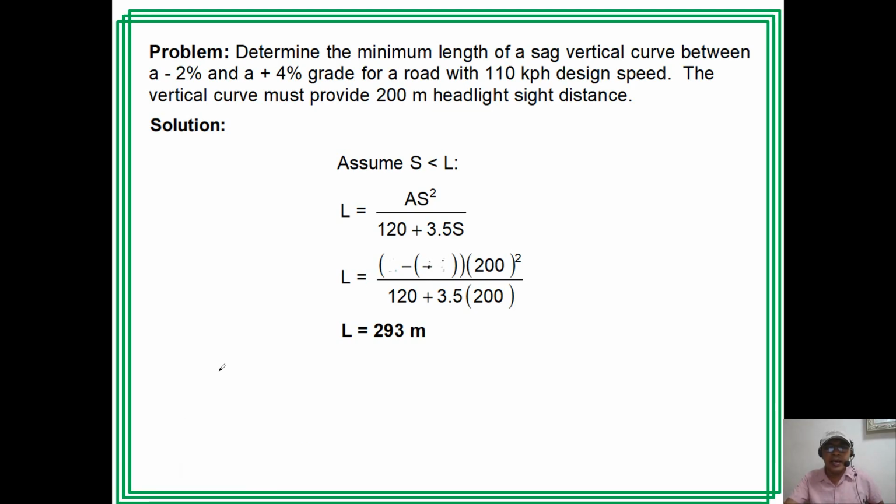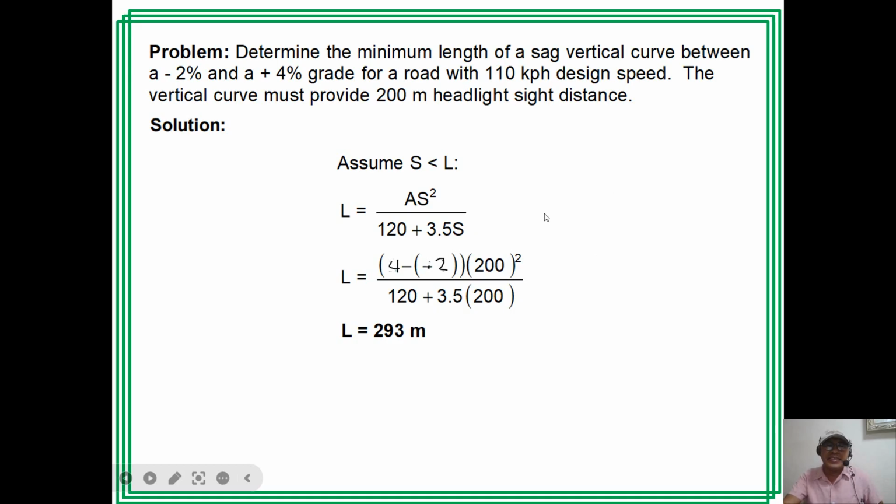So we have now 4 minus negative 2. So substituting the values, we can obtain L equal to 293 meters.